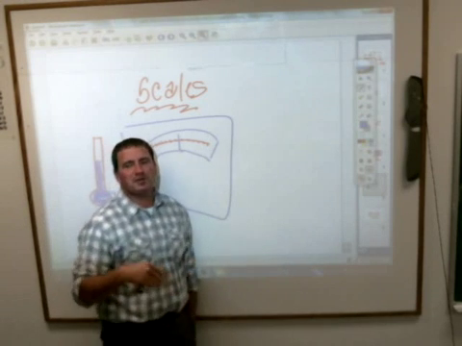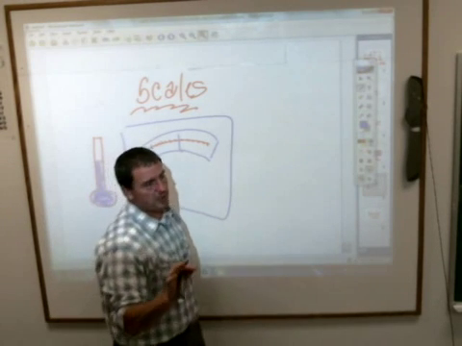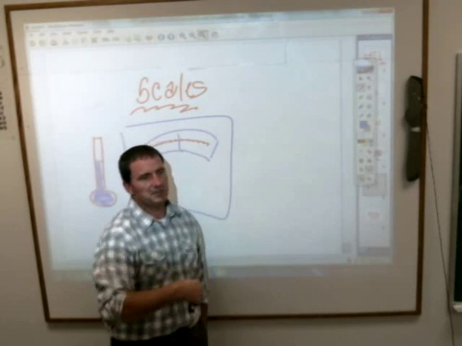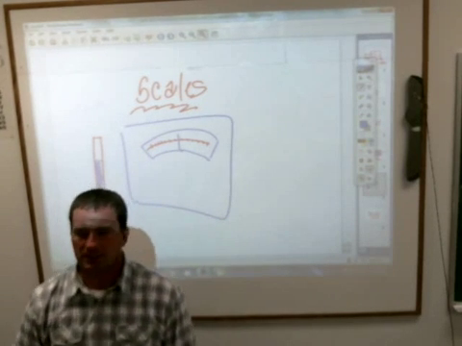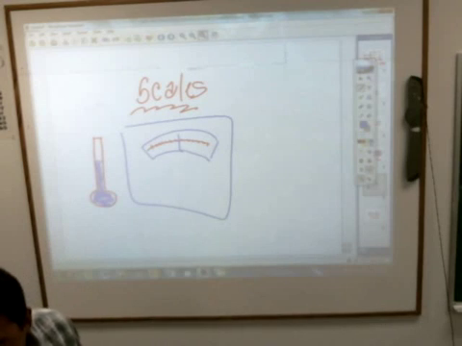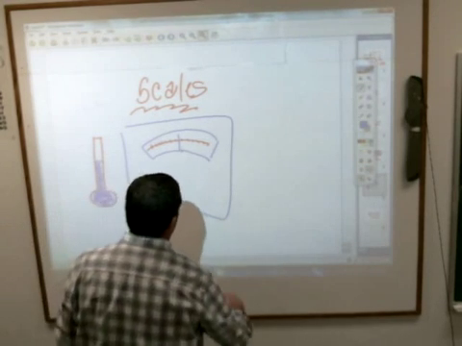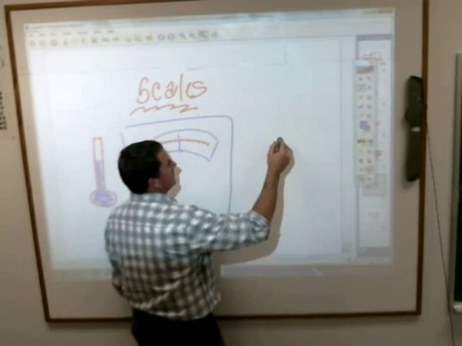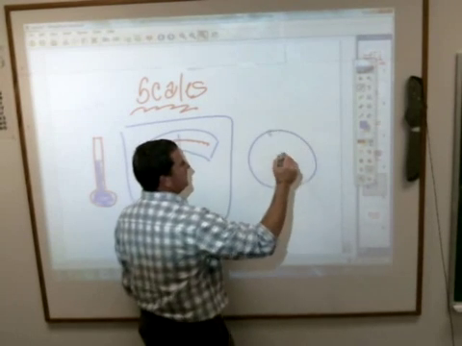I'm looking for things that, how about think about your parents' car. Where do you see a scale, something that measures things on your parents' cars? Yeah, we got that little thing called the speedometer.